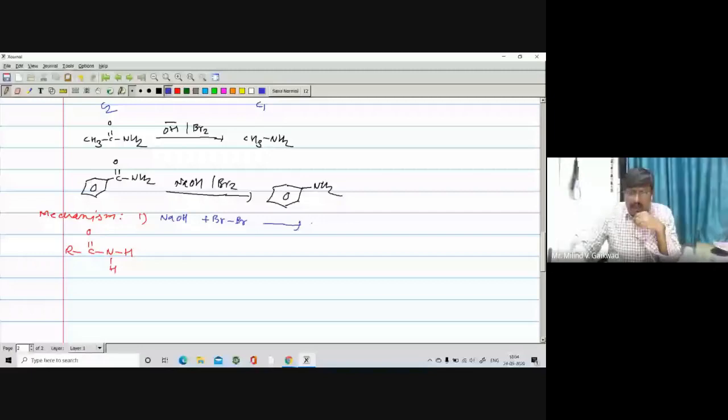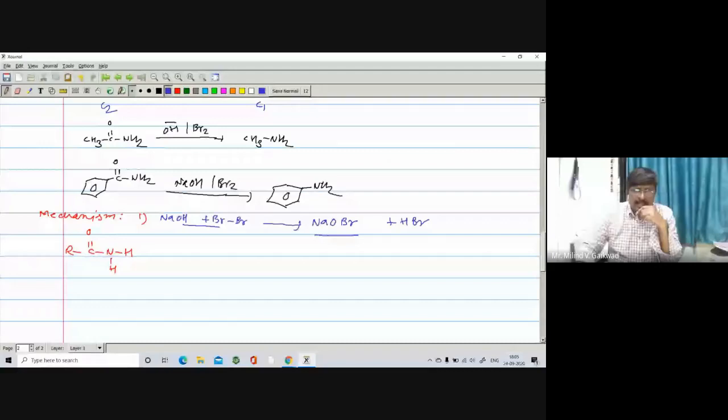So this H and this Br form HBr, and Na with O and Br gives NaOBr, sodium hypobromite. So the first step is the formation of sodium hypobromite.